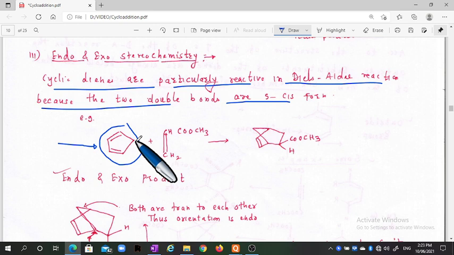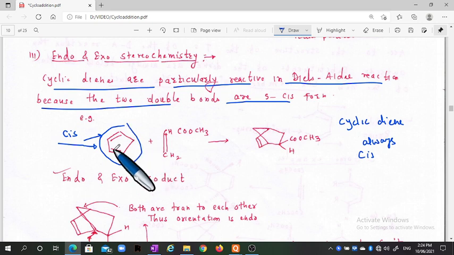If a cyclic diene is there, it's always this cis one, because in this cyclopentadiene the diene system should not be the trans one, because it creates strain in the ring.